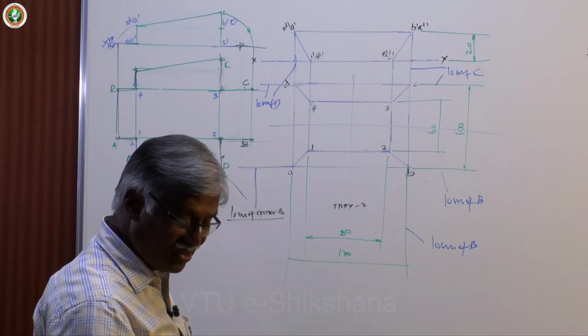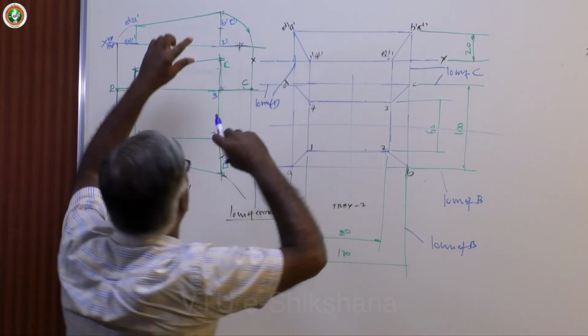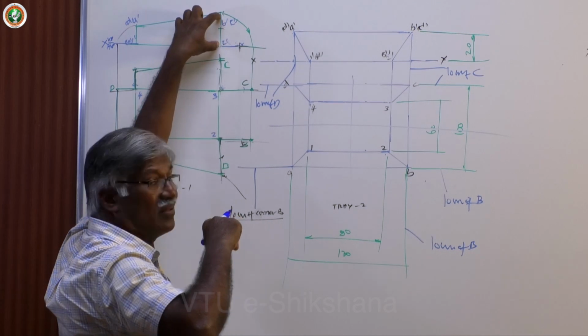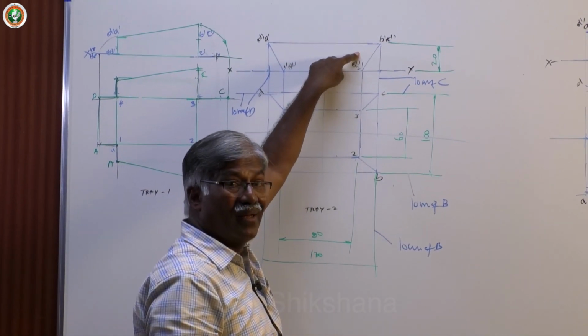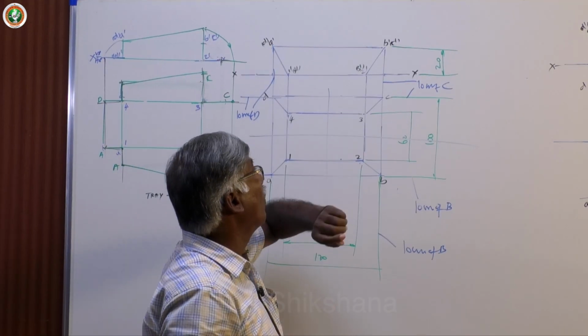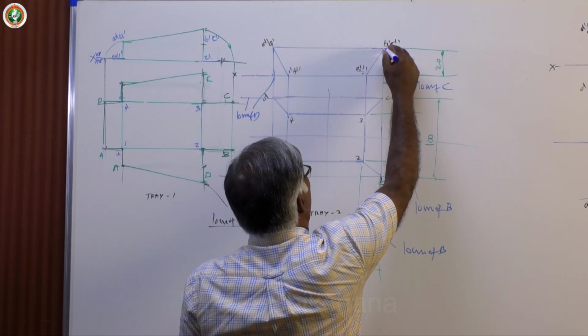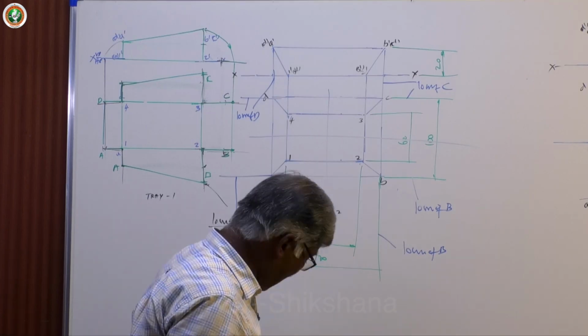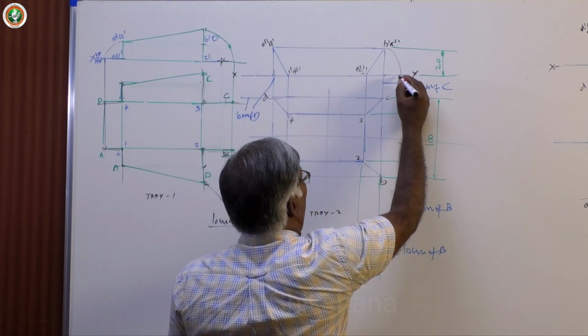Now, what you do is rotate this. Unlike in the previous problem, here I don't have the true length, neither in the front view nor in the top view. Both are inclined. So, you have to make it parallel. This is the concept of straight lines. You make it parallel and project on the moving locus.